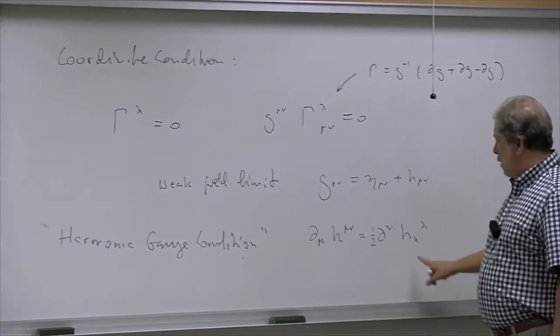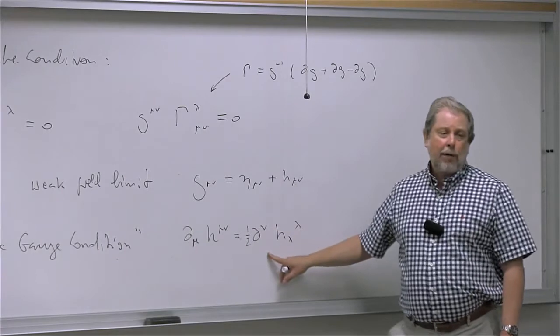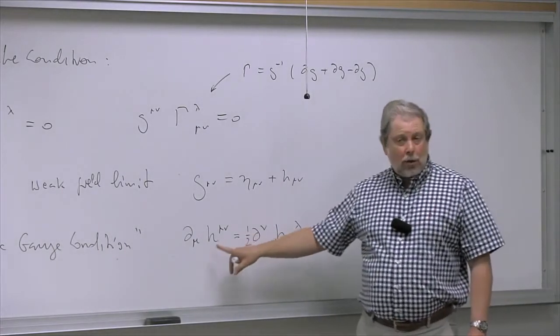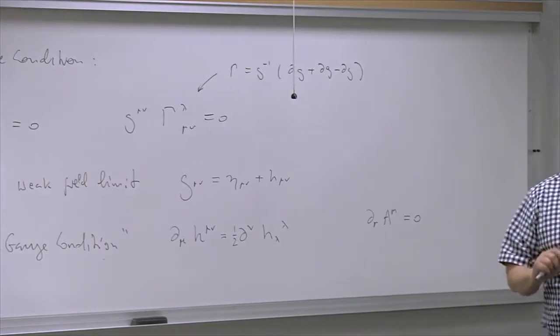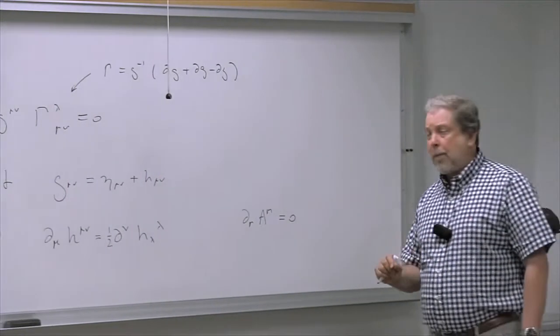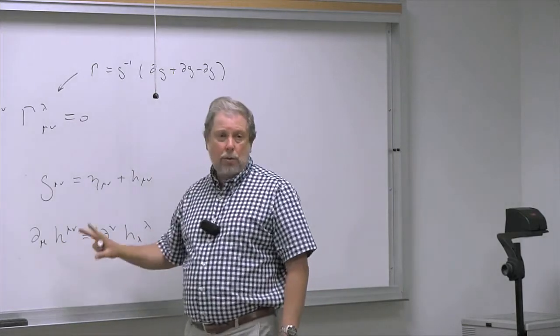For our purposes, what we'll mostly be using is this relationship in the weak field limit, because it is this relationship that gets rid of all sorts of terms which don't make the wave equation transparent and just gives us box h equal to something.